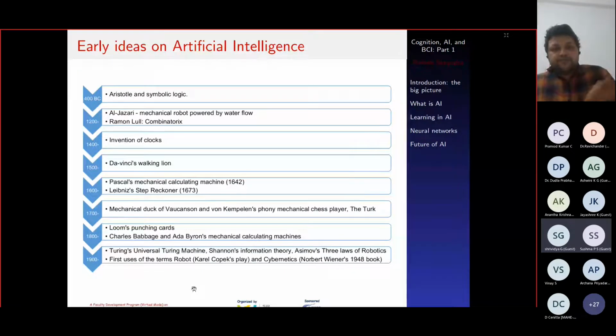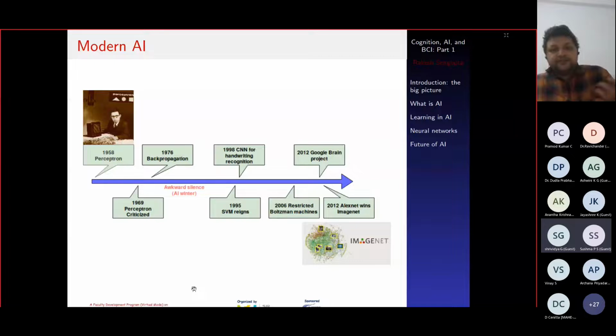Now, this part I'm going to skip, but modern artificial intelligence with deep learning came around 2012 with AlexNet, which won the biggest competition of image processing, the ImageNet, and it left all the other traditional statistical and other methods of classification far behind because of a convolutional neural network architecture.